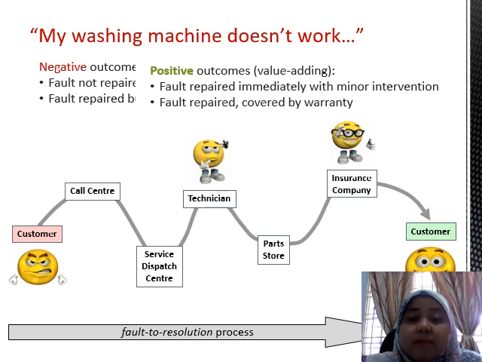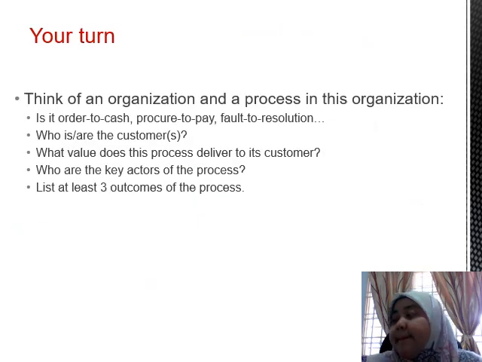Positive outcome, dia ada value adding. Fault repaired immediately with minor intervention. Okay, then of course dia ada warranty. Then it makes the customer really happy. Contohnya, bila dia jadi happy sebab bila dia ada values. Bila dia tak sampai value tu, dia tak happy. Customer usually not very happy.